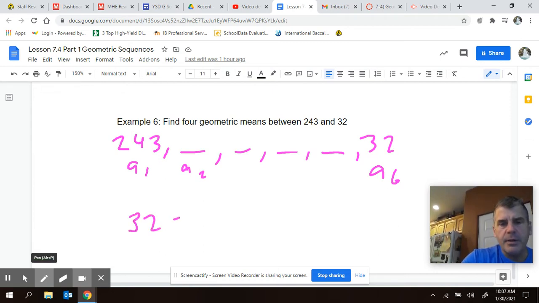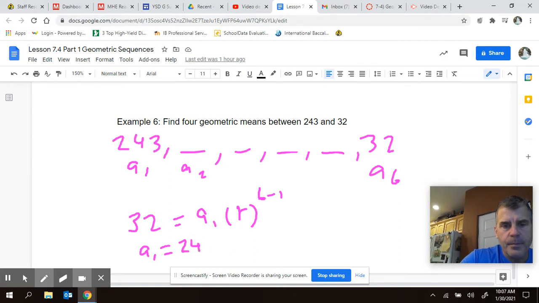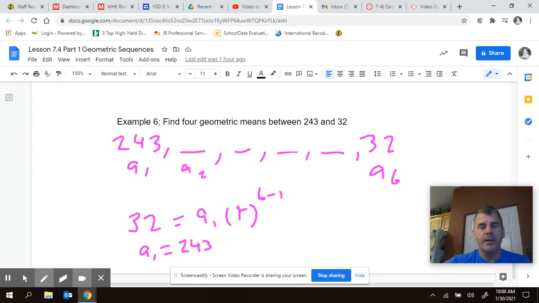So we can write 32 is equal to A1 times R to the 6 minus 1. And we also know that 243 is that first term. So really, I misspoke. You don't have to use a system of equations. You can just actually use the clues that are here.